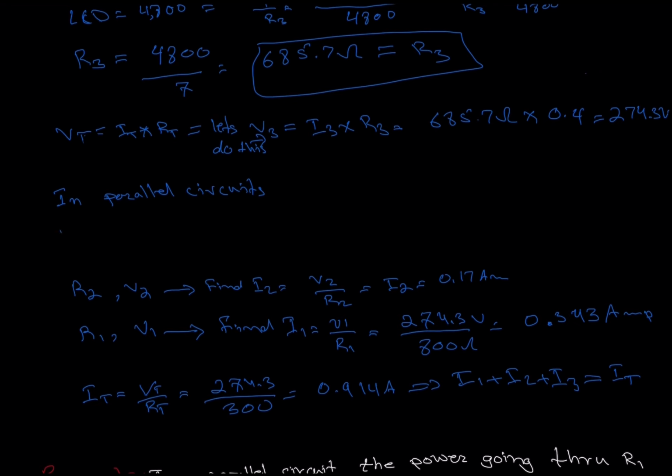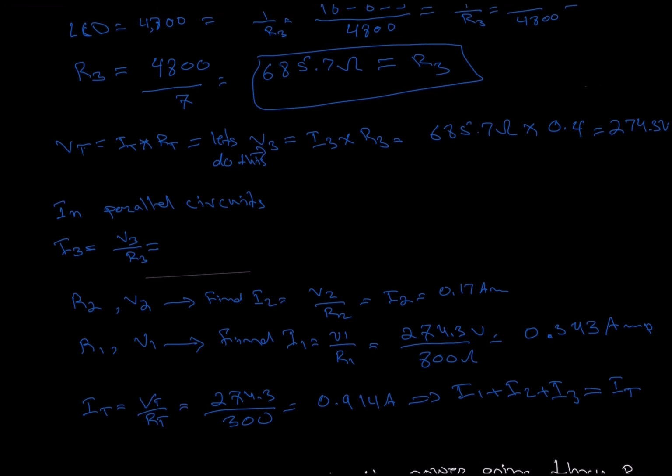I3 will be equal to V3 over R3. V3 is 274.3 divided by 685.7. That will give me 0.4 amp.